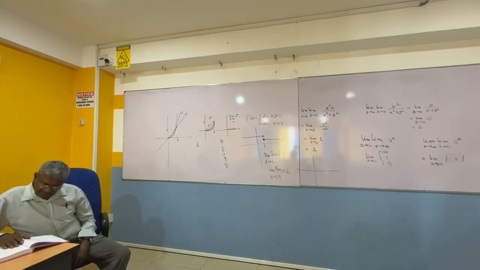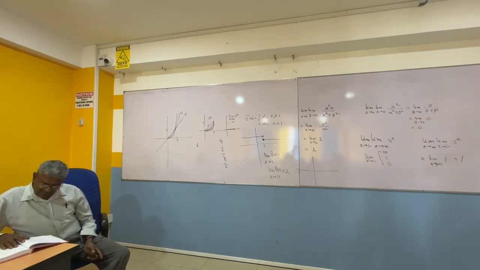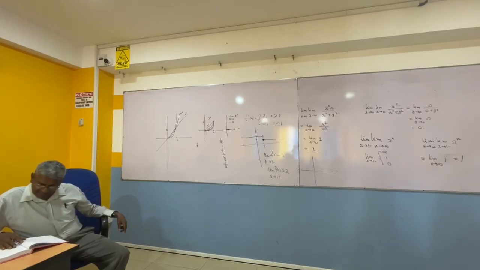If you take the limit as y tends to infinity, that limit will be 0. At the bottom he has written, but for every x, the limit as y tends to infinity is equal to 0.